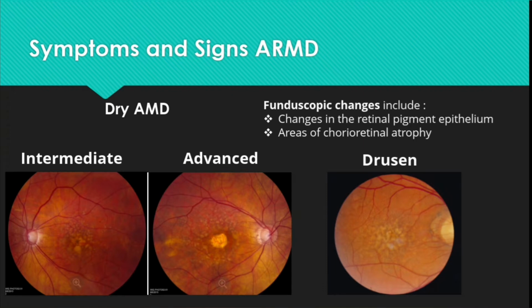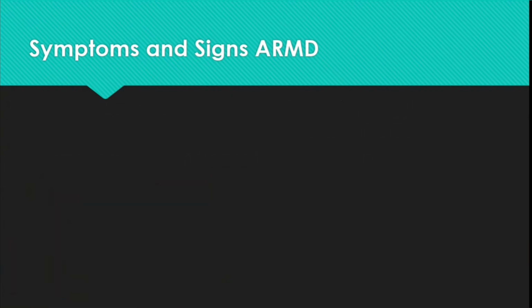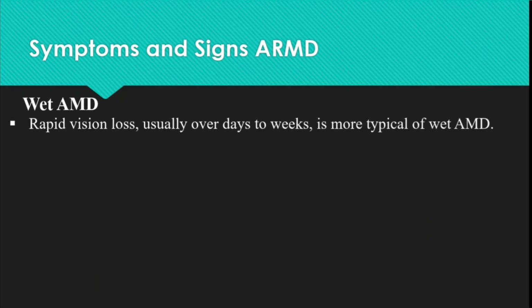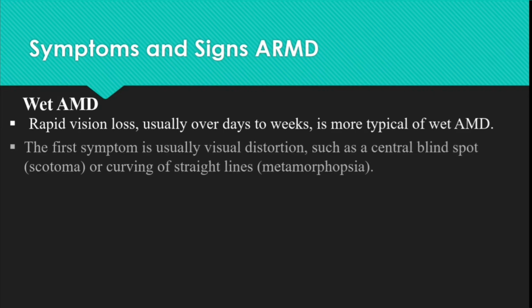Right, that is the dry age-related macular degeneration. What about wet AMD? Rapid vision loss, usually over days to weeks, is more typical of wet AMD. The first symptom is usually visual distortion, such as central blind spot, the scotoma, or curving of straight lines, called metamorphopsia.